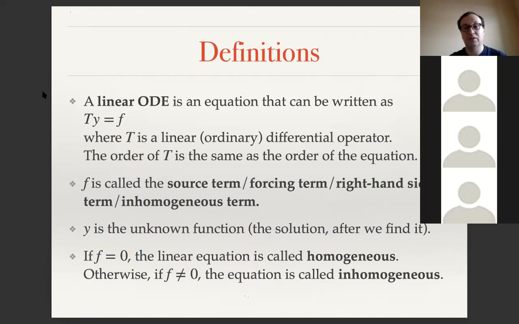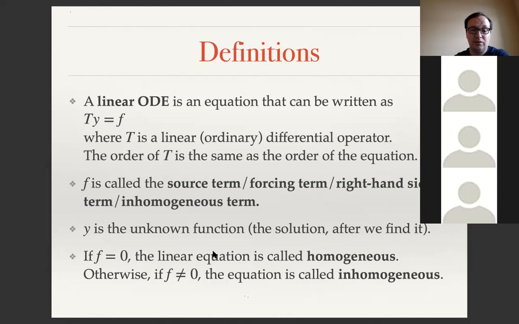Now I wanted to show you again the slides that probably I should have presented last time. And then I want to do a couple more examples. So a linear ODE is an equation that can be written as a linear operator T applied to y is equal to a function f, where T is the linear differential operator that defines the equation, and f is the source term, which can be 0 or non-zero.